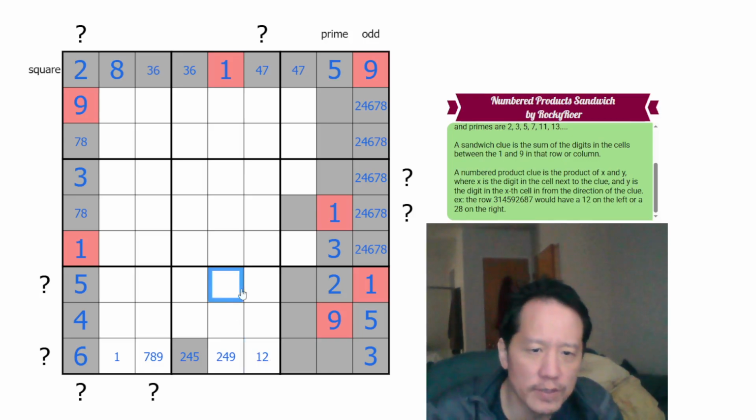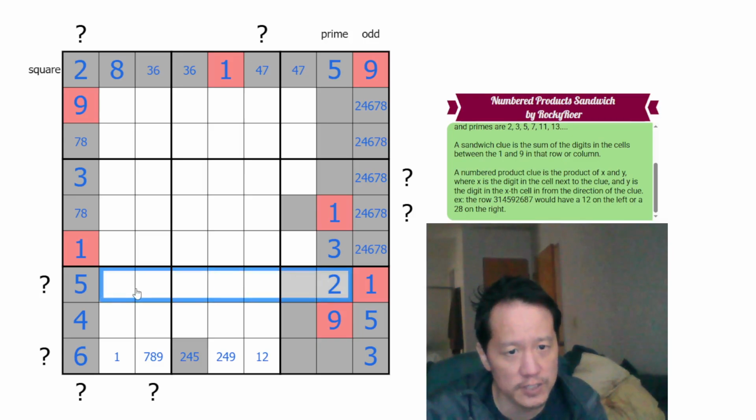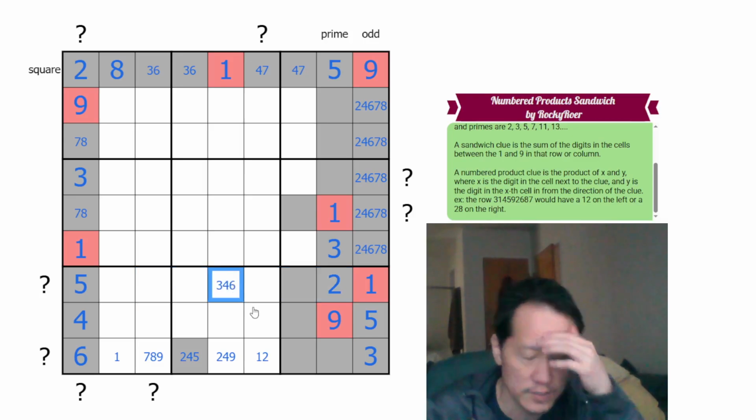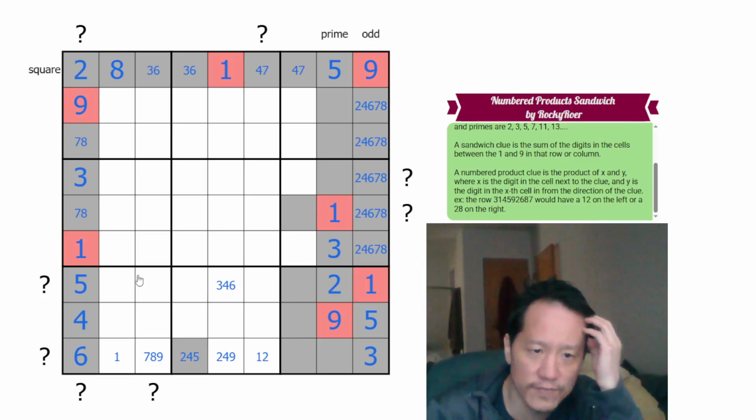What could this be? This could be 3, 4. It cannot be 5. It could be 6. Because 30 is possible to still be within the sandwich. So this could be 3, 4, or 6. And that's it. 35 times 7 is too large for the sandwich clue.